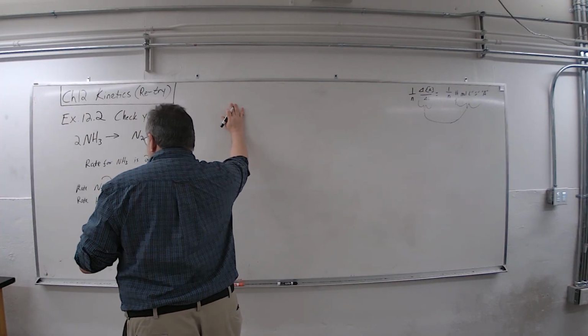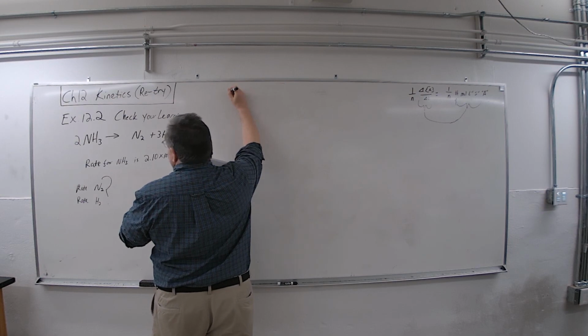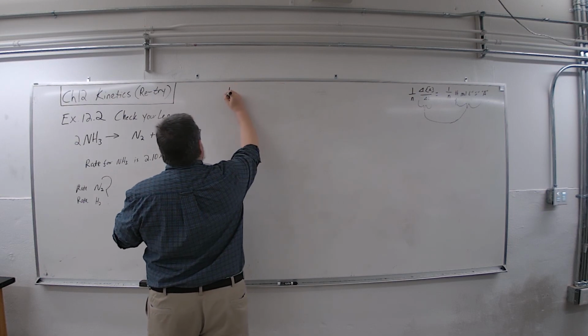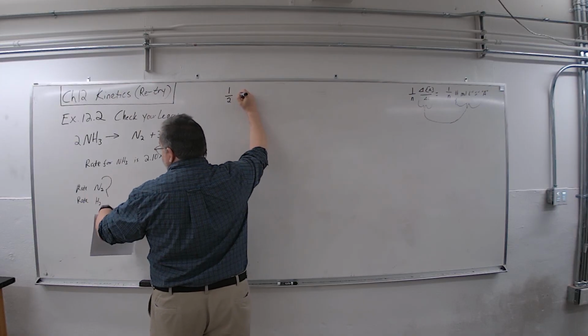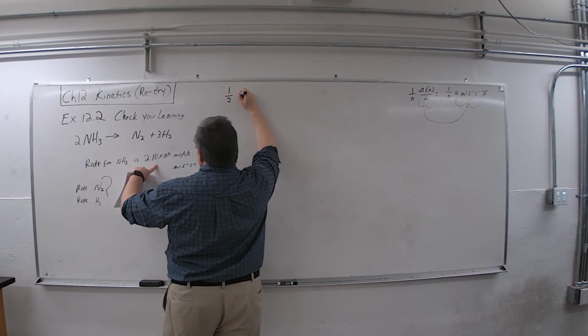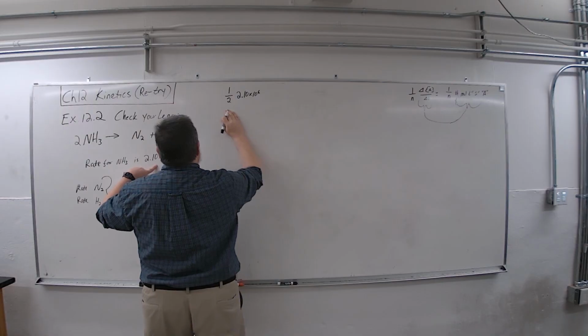Since the negative goes away, I would tell you to do that relation like this. 1/2, and this is the NH3 I'm doing, so I'm going to use this for my numerical value. So there's my numerical value.